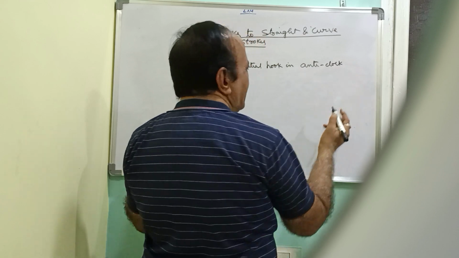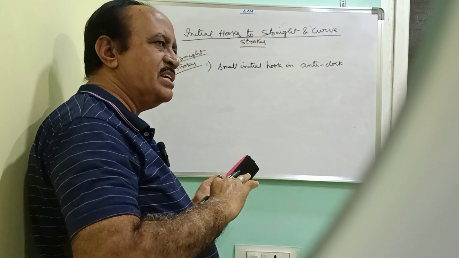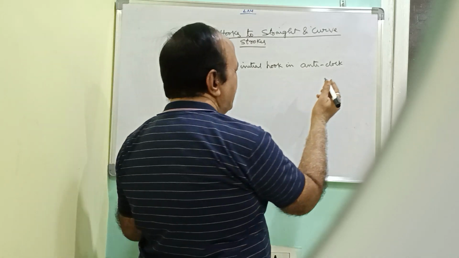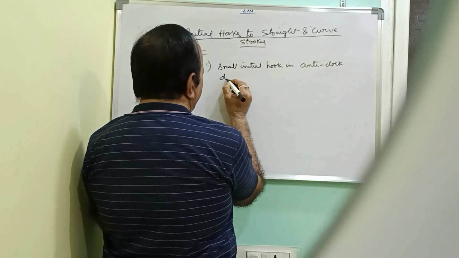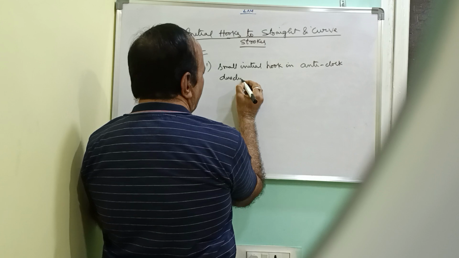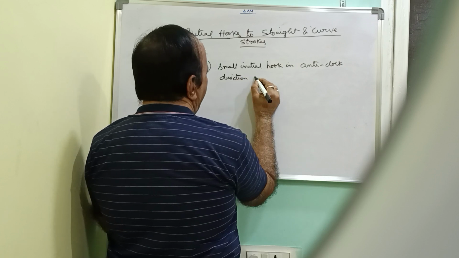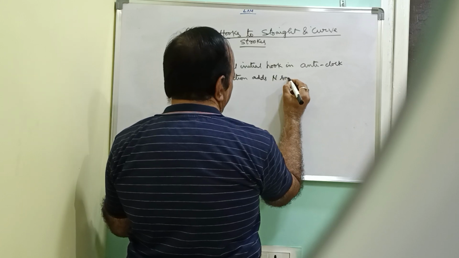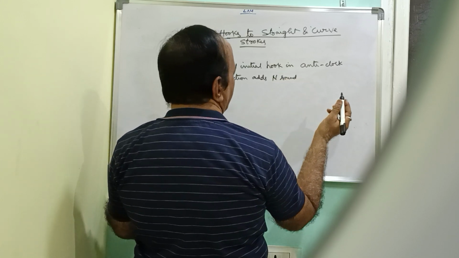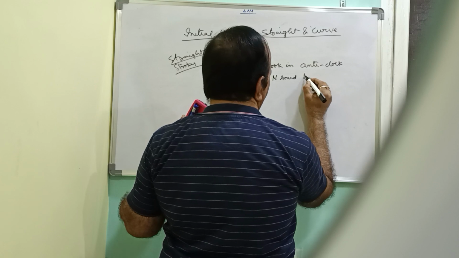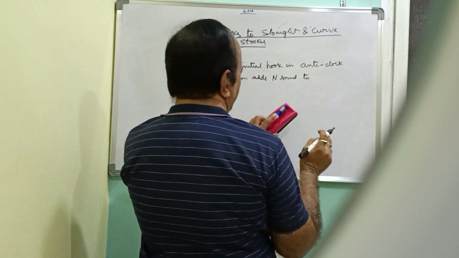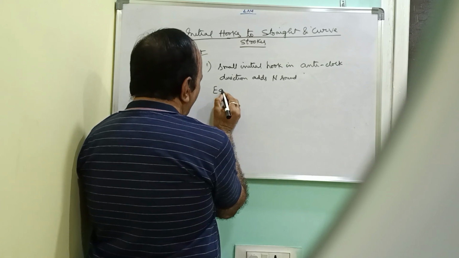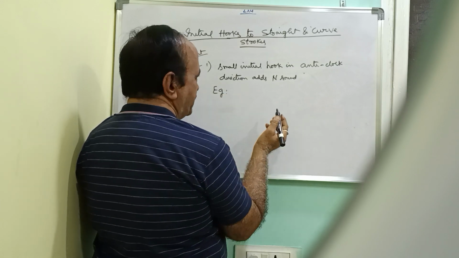I think it will be very easy for you to follow clockwise, anti-clockwise, instead of left motion and right motion. A small initial hook in anti-clock direction adds the L sound to all the straight strokes. How it can be added to the straight strokes here.